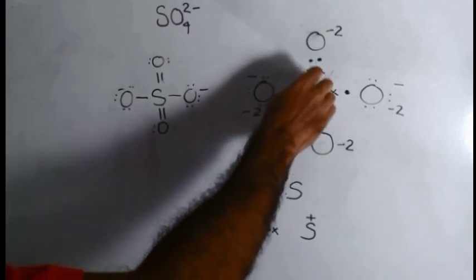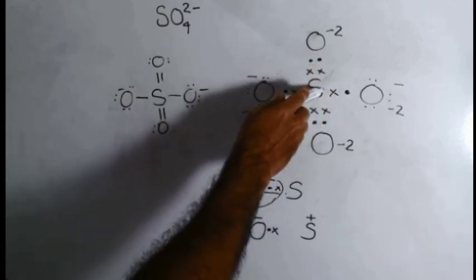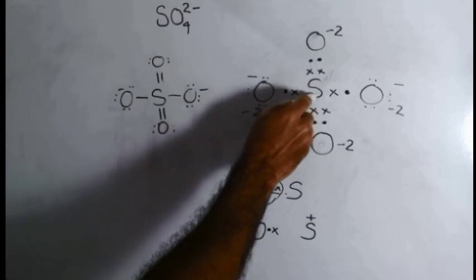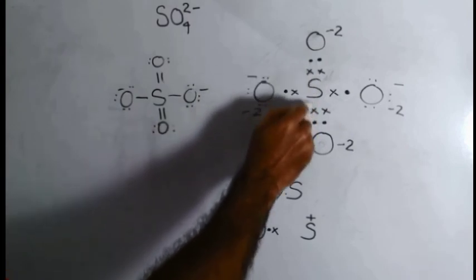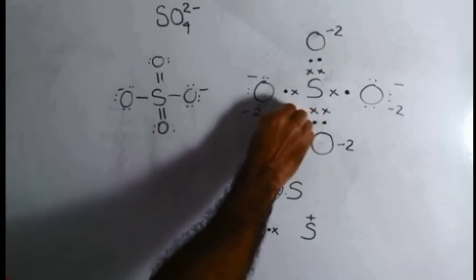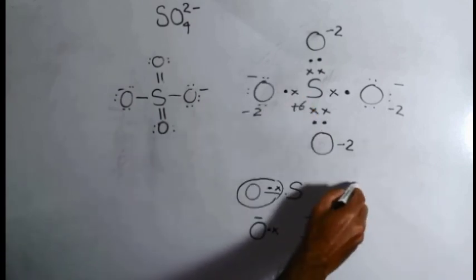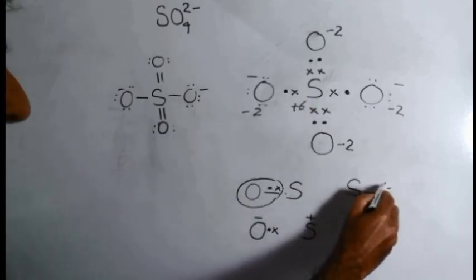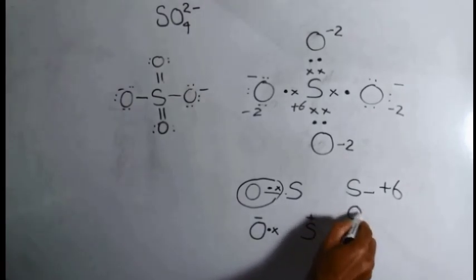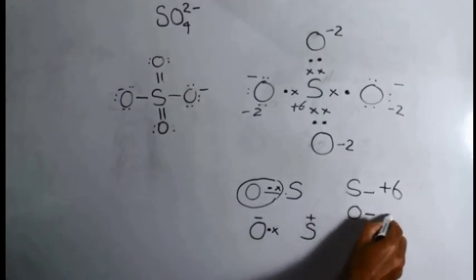So sulfur loses electrons, so it gains positive charges, 2, 4, 5, 6. So the sulfur oxidation number is plus 6, and the oxygen oxidation number is minus 2.